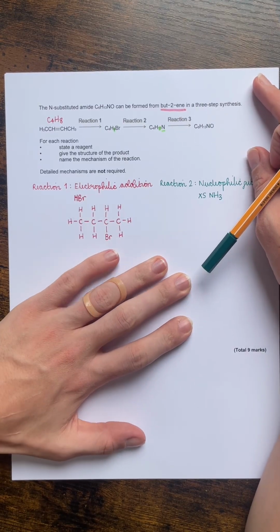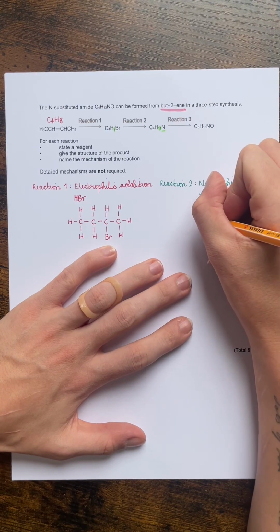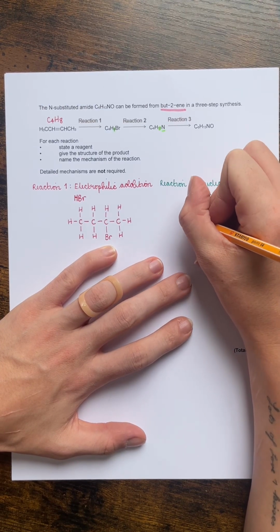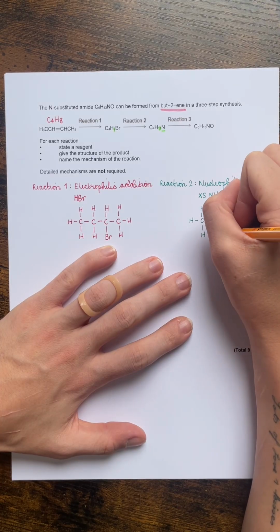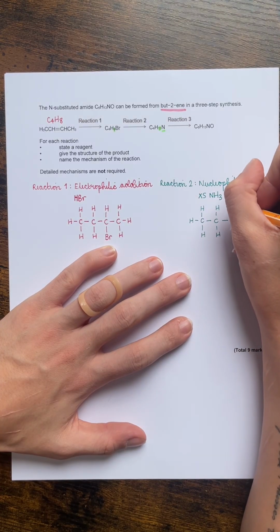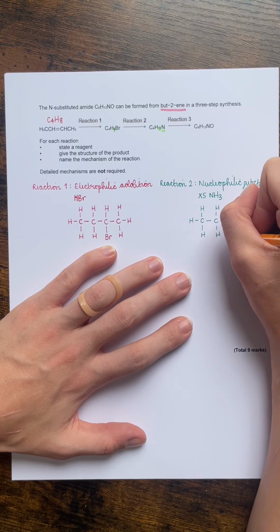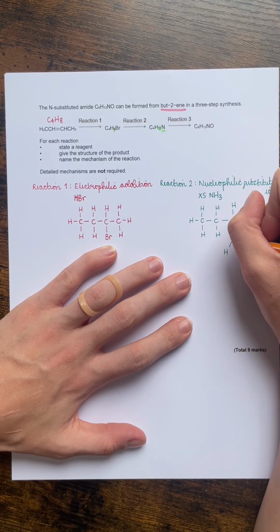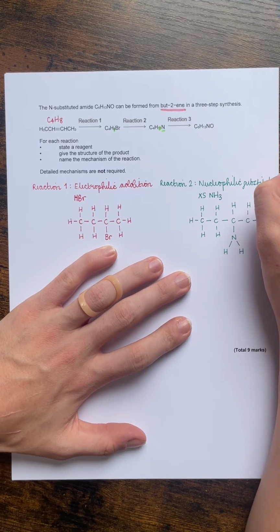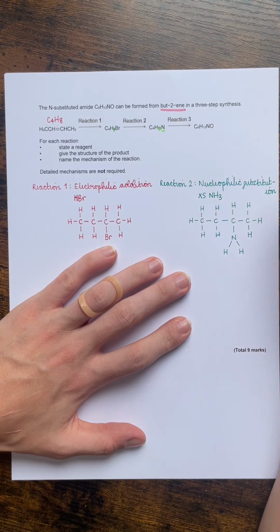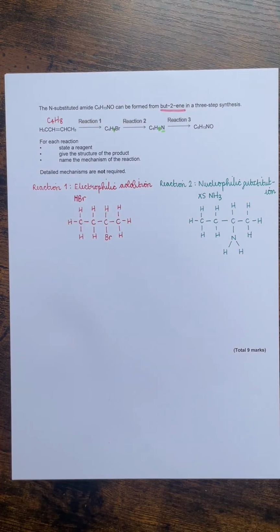And then the structure of our product now, we just need to swap where the bromine was for an NH2. And again, it doesn't matter how we draw out the structure. I'm going for full displayed, but a mix of displayed and structural or skeletal would be fine. Okay, now the nice thing here is they've told us again, like they did at the start point, what we're working towards.